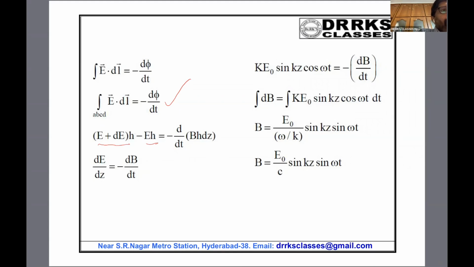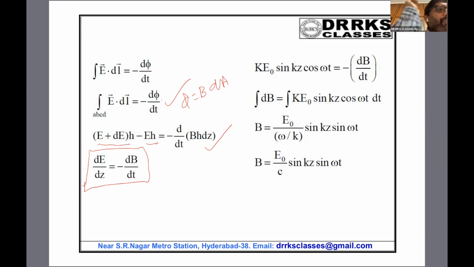Magnetic flux is B into area, and area is H into dz. If I apply this formula, I will get the very important relation between electric field and magnetic field: dE by dz is equal to minus dB by dt.